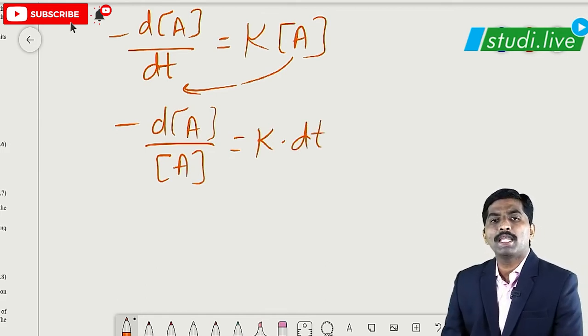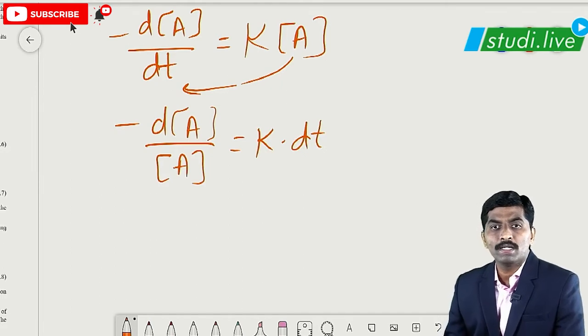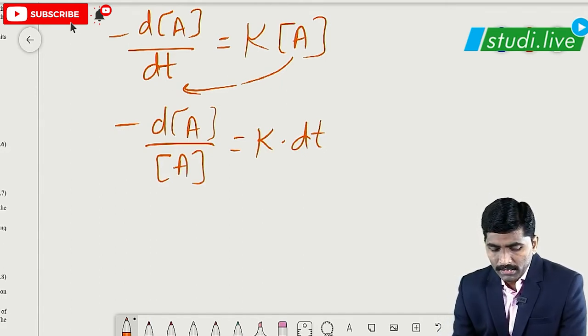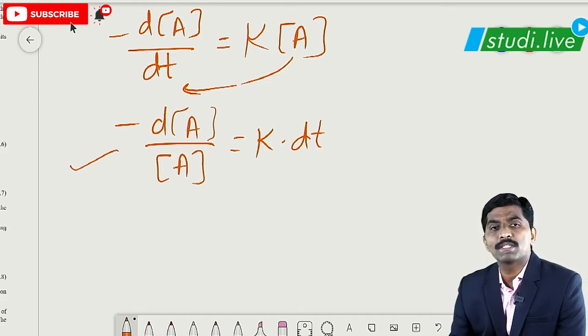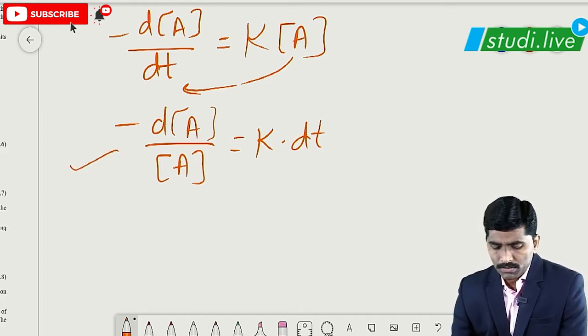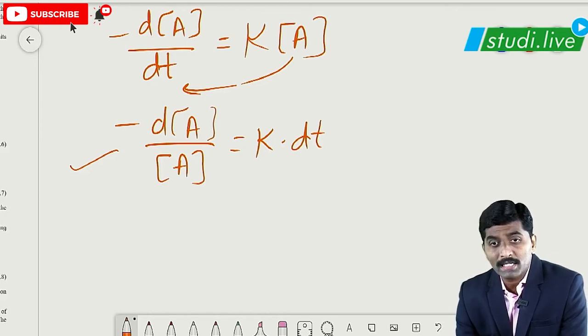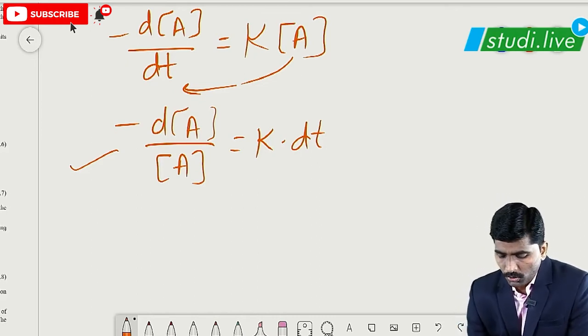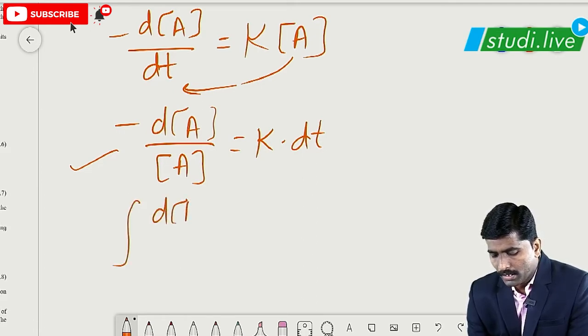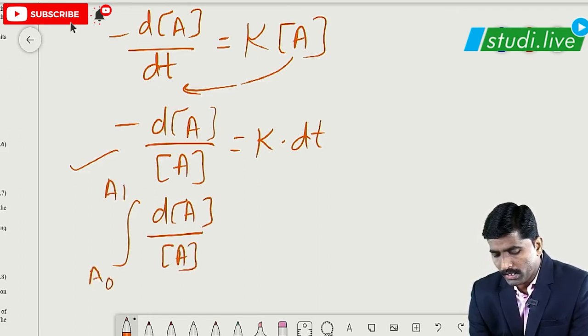But as the name of this particular topic is integrated rate law, integrated rate law means what? This particular equation which is in differential equation form, students, we need to integrate between a few limits. So we will be integrating dA by A, correct, between the limits A0 to At.